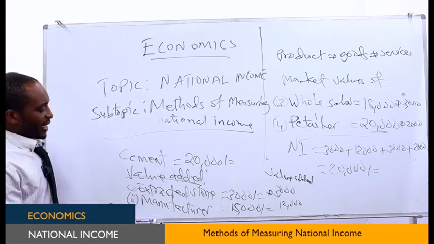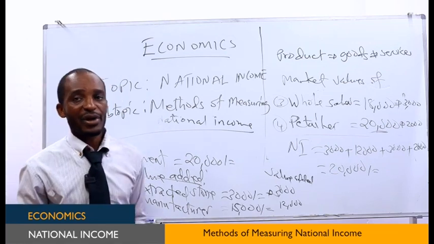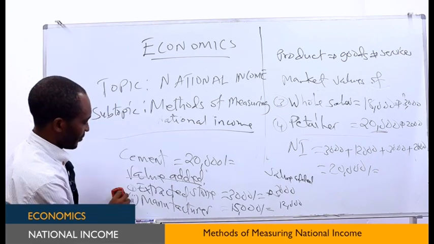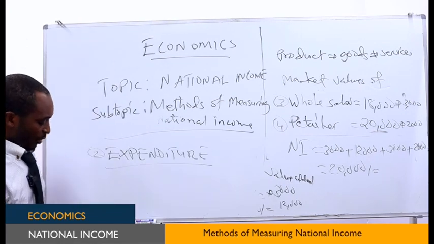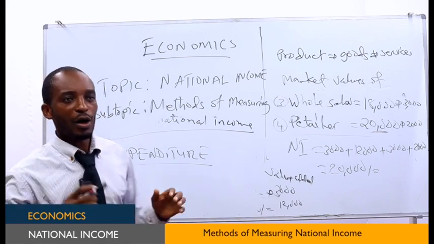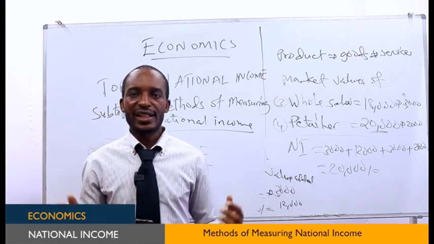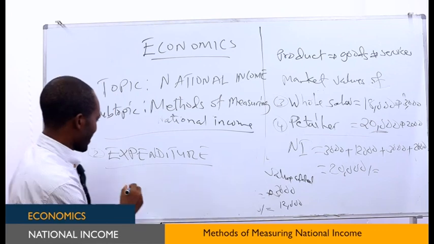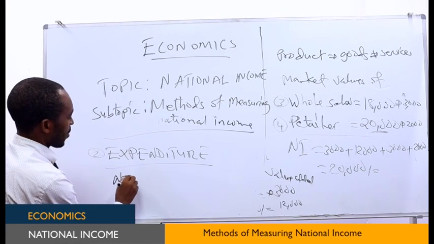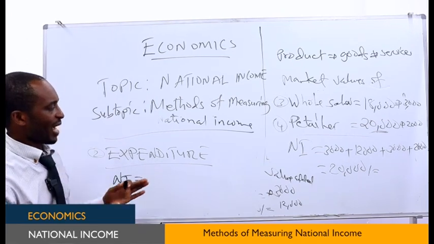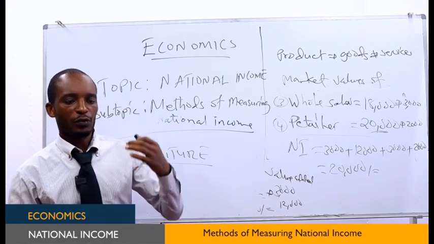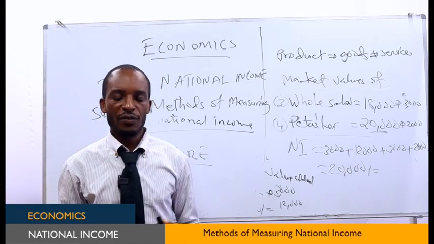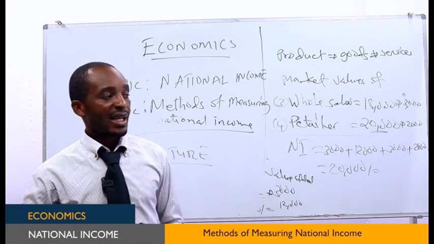Case number 2, we said we can calculate the national income by the expenditure method. Under this method, we need to sum up all spendings conducted in the economy. It means national income is obtained by summing up all the expenditures of households, investors or firms, government, and so forth.